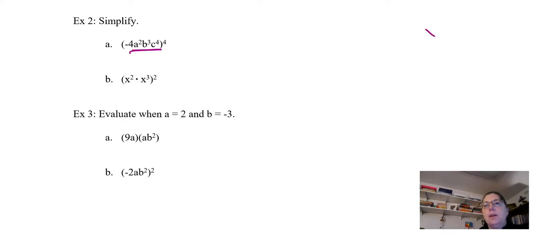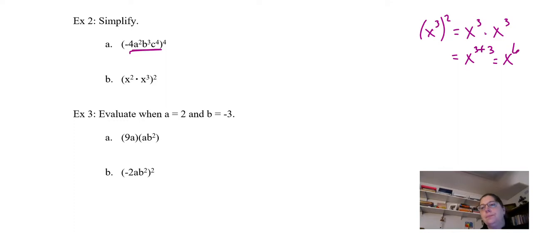If I had x to the third and I squared that, squaring means something times itself, so that would be x cubed times x cubed. Based on example 1, we already know we would add those exponents. So it would be 3 plus 3, which gives us x to the sixth.